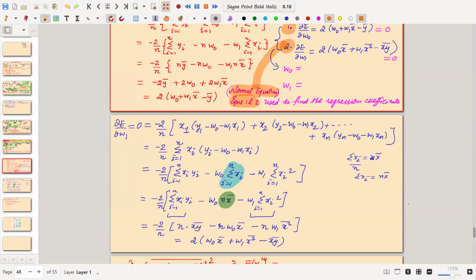So can you tell me the expressions for W0 and W1? Through this, can you agree that W0 will be y bar minus x bar w1, and w1 will be xy whole bar minus x bar y bar divided by x squared bar minus x bar whole square.